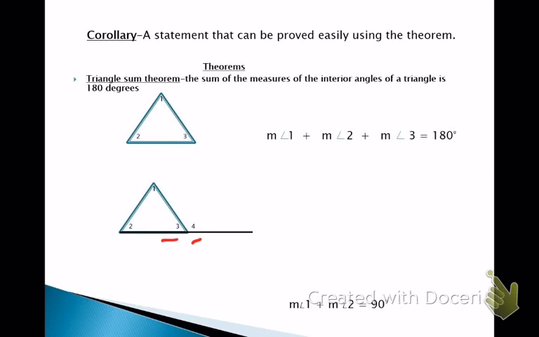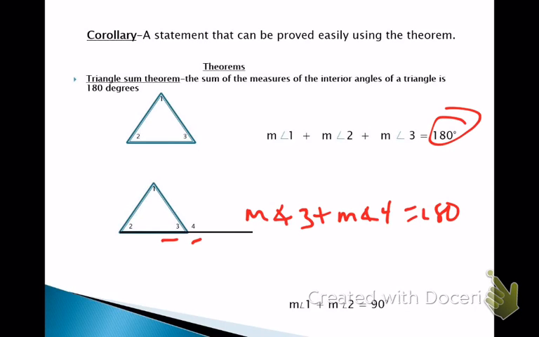So what does that mean? That means that the measure of angle 3 plus the measure of angle 4 is equal to 180, right? We'll take a look at the triangle sum theorem here and what we just did with the linear pair here.